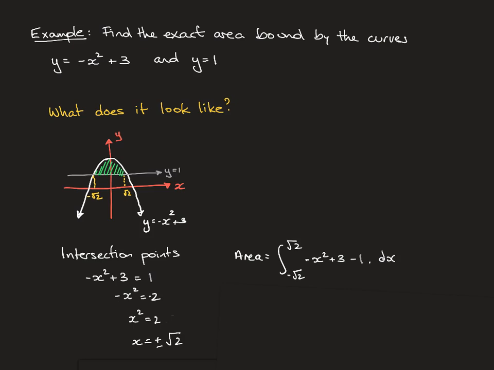Next we find the antiderivative by anti-differentiating these terms. We get negative x cubed on 3 plus 2x, and then we substitute in our root 2 and our minus root 2.